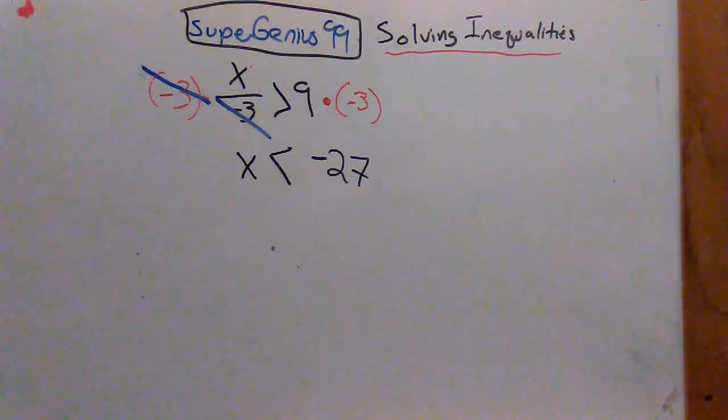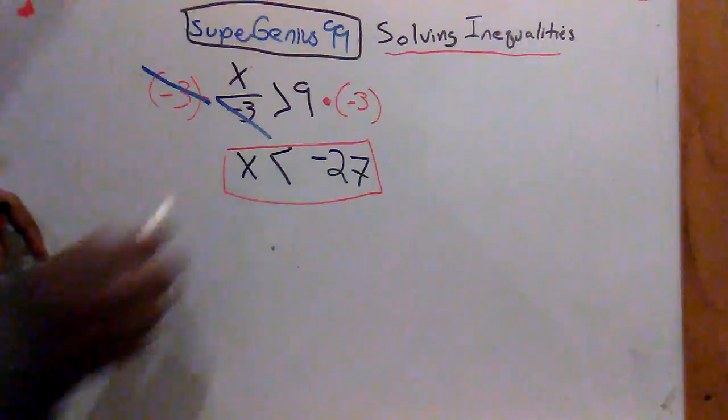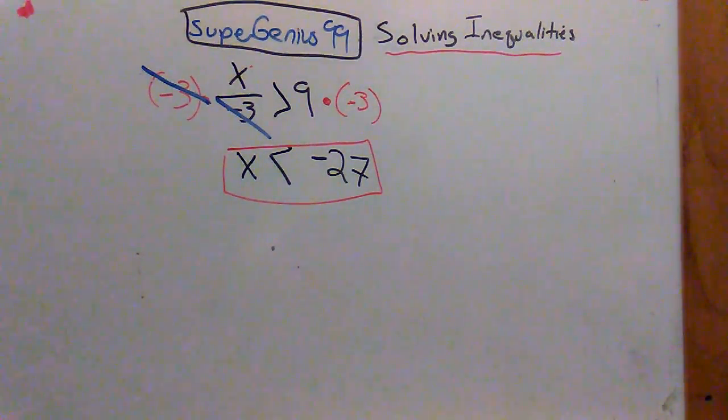Now let's go ahead and do our different representations of the answer. So we have x less than -27. Okay, and then we can do a set notation of that.